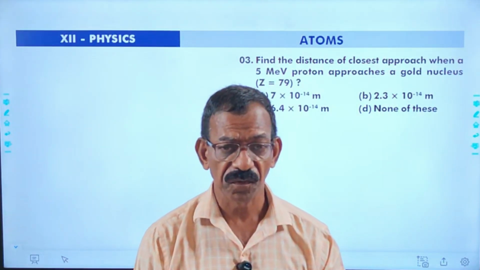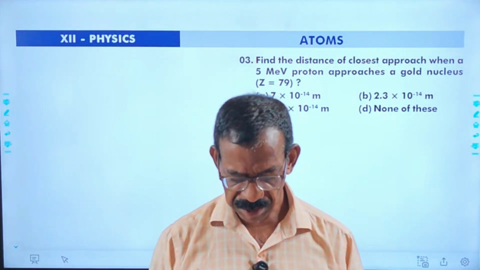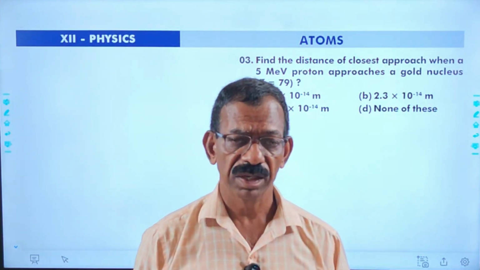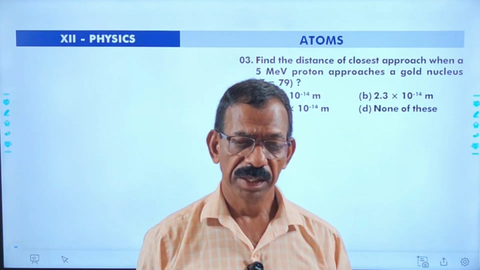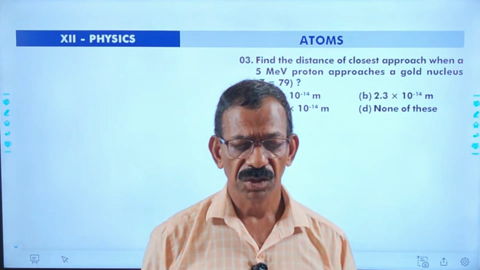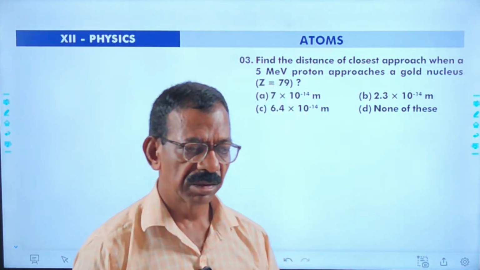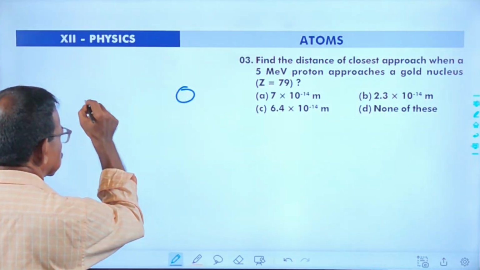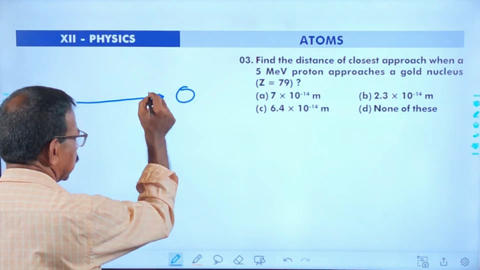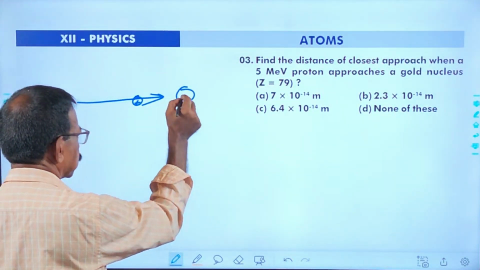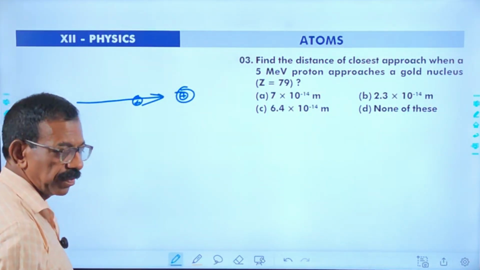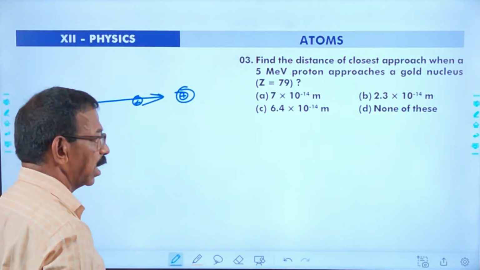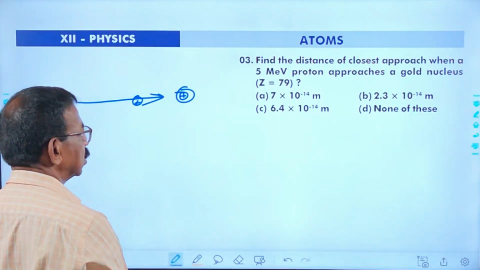Find the distance of closest approach. When a 5 MeV proton approaches a gold nucleus, you may know from Rutherford's scattering experiment by Geiger and Marsden, when an alpha particle approaches the gold nucleus, as this positive charge approaches the positive nucleus, it comes to rest for a moment, so that its energy is converted to potential energy.